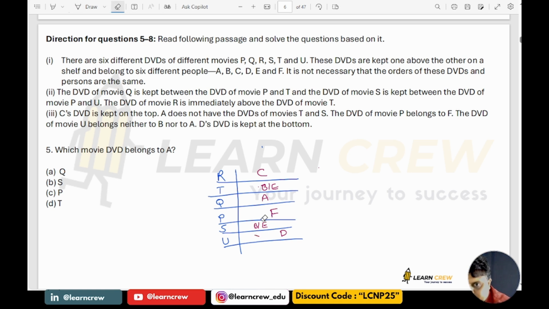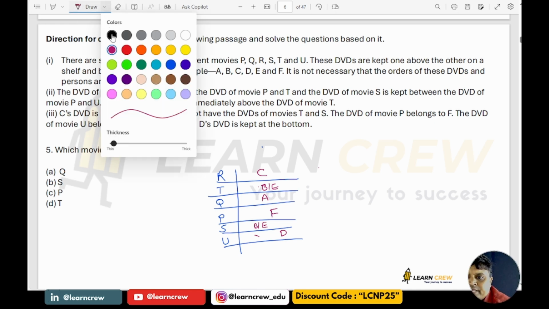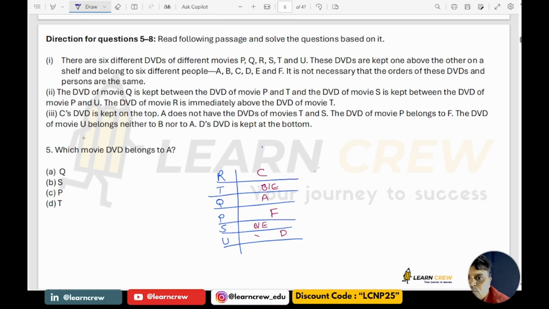Now please see here, which movie DVD belongs to A? A is Q. So answer is option A.